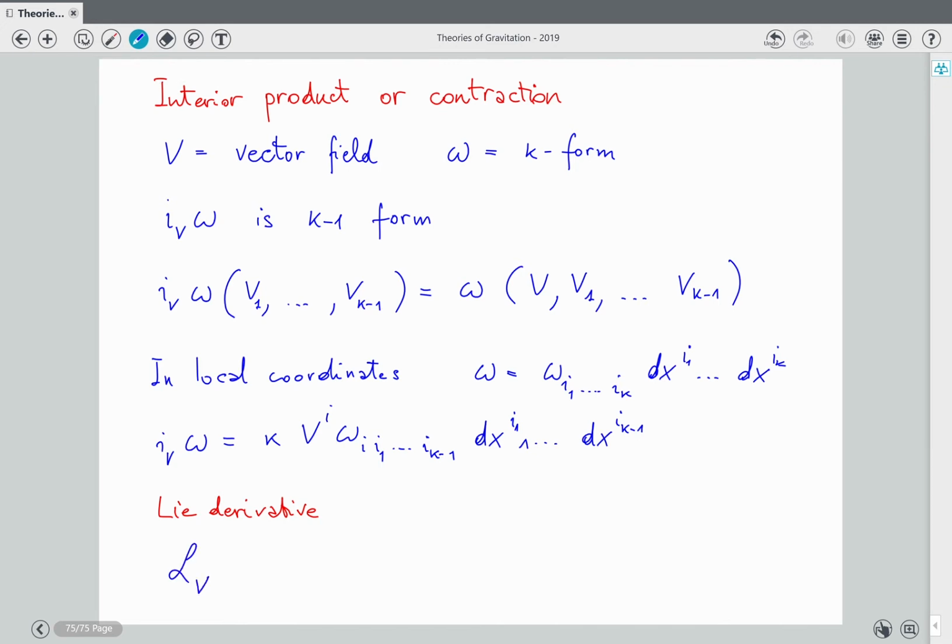Again, V is a vector field, and omega is a form of some degree. Then the Lie derivative of the form is this: the exterior derivative of the contraction plus the contraction of the exterior derivative.